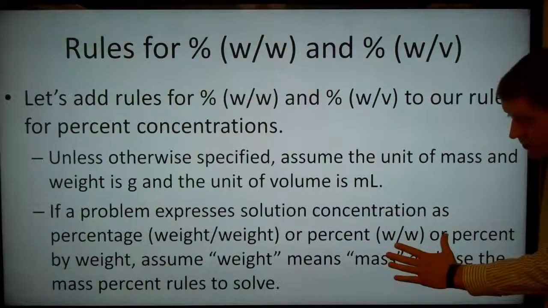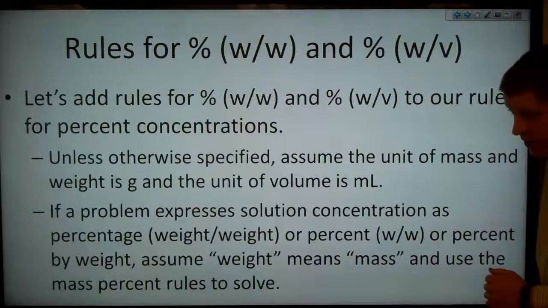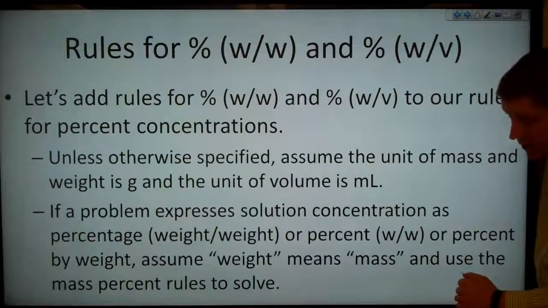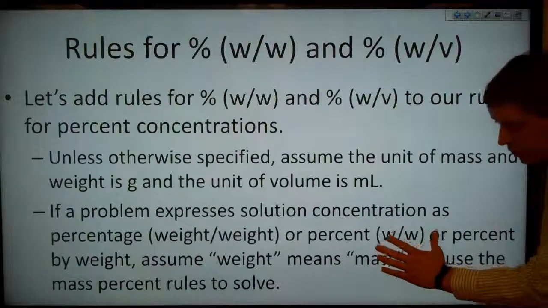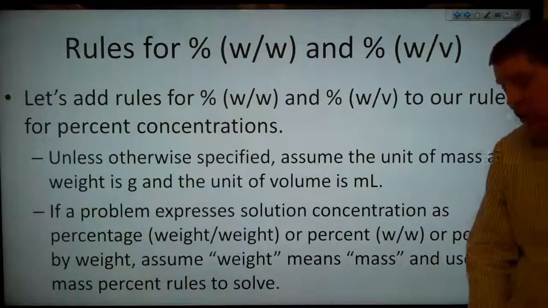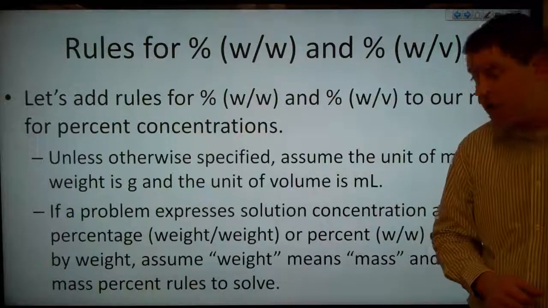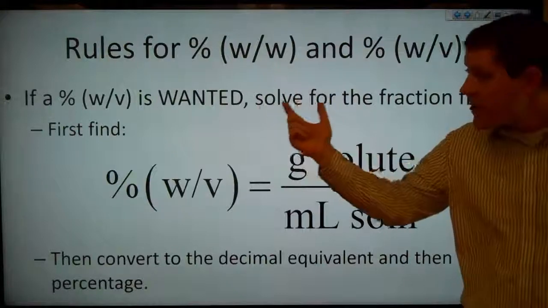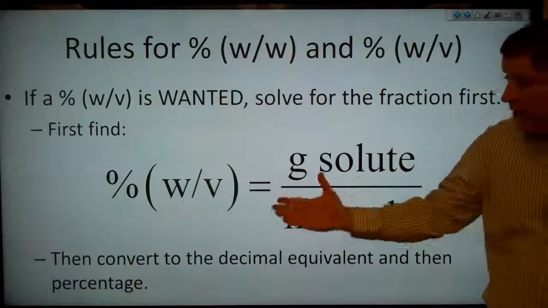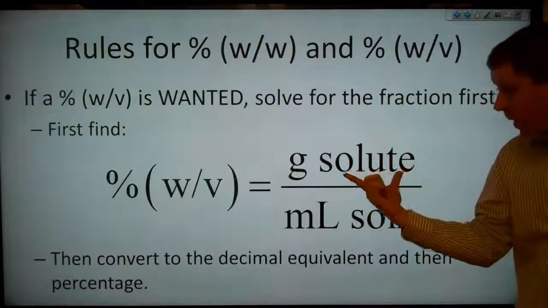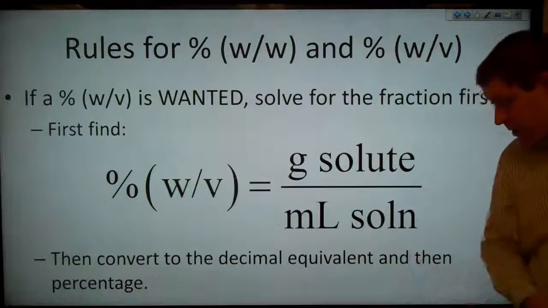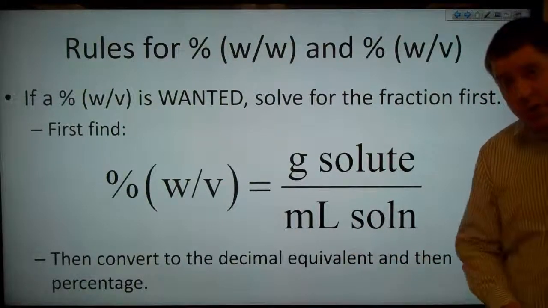If a problem expresses solution concentration as a percentage weight by weight, or percent W/W, or percent by weight, then assume weight really means mass, and use the mass percent rules that we've already discussed to solve it. If, on the other hand, a percent weight by volume is wanted, then solve for the fraction first. That is, find percent weight by volume is equal to grams of solute divided by milliliters of solution, and then convert to the decimal equivalent, and then convert to percentage.